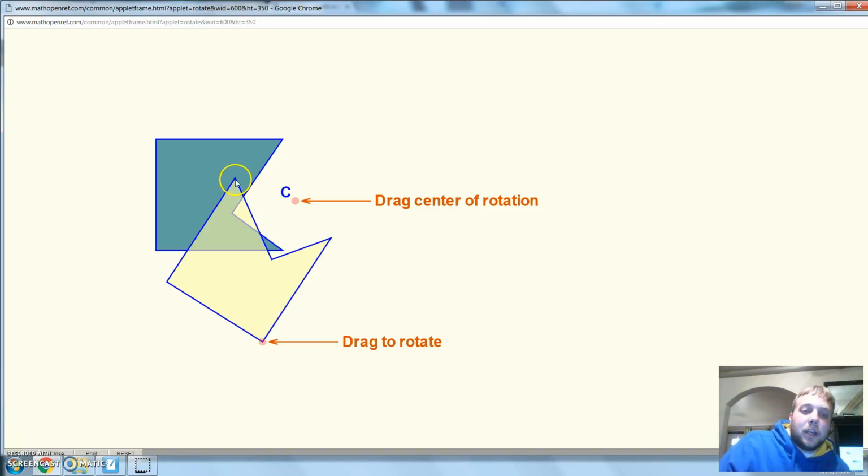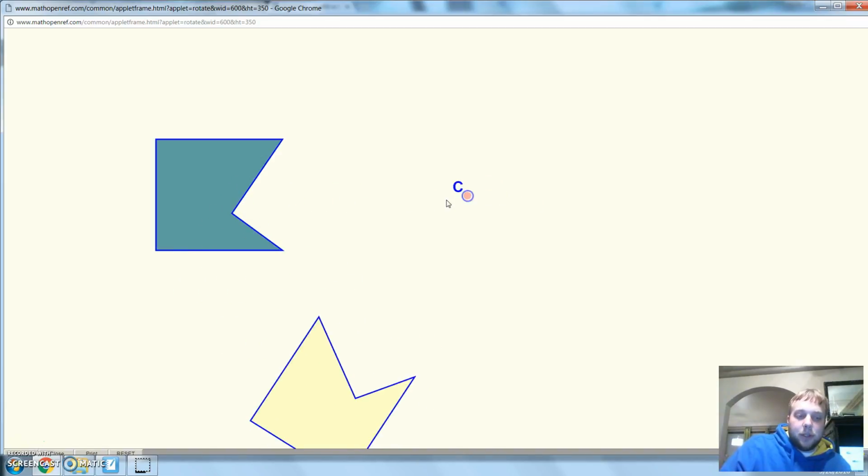So I have to set the rotation to this corner. Usually I rotate it around the center of the object, but this time it's being rotated there. And so that's the center of rotation, and I can move this out if I want to, and check out what it does.